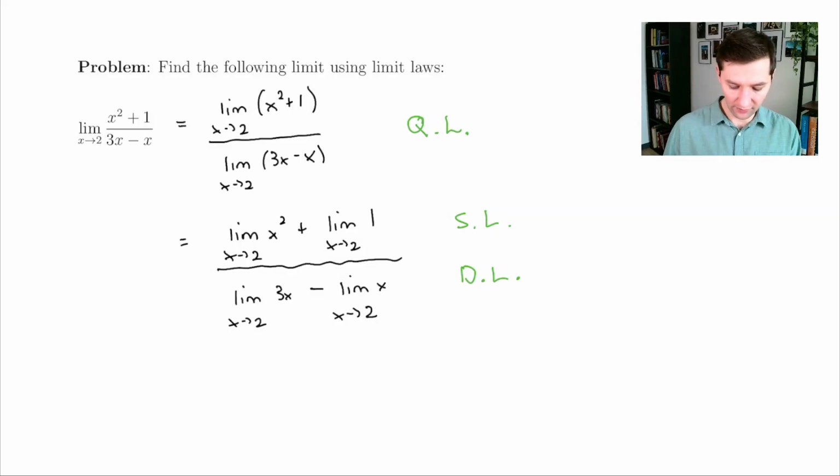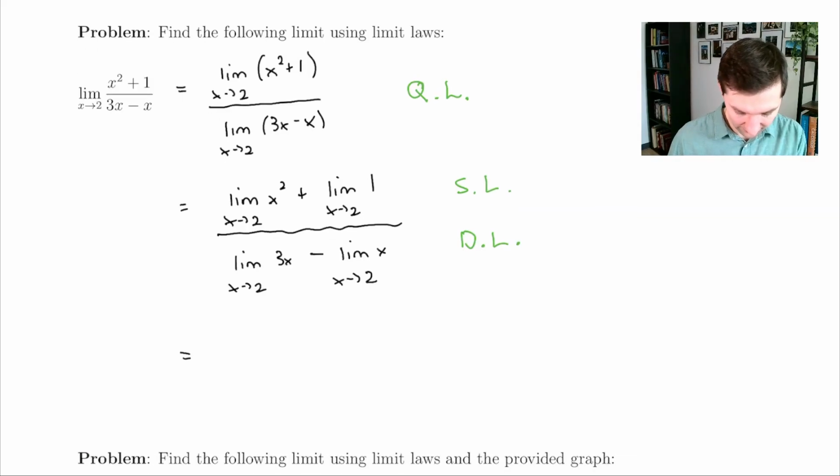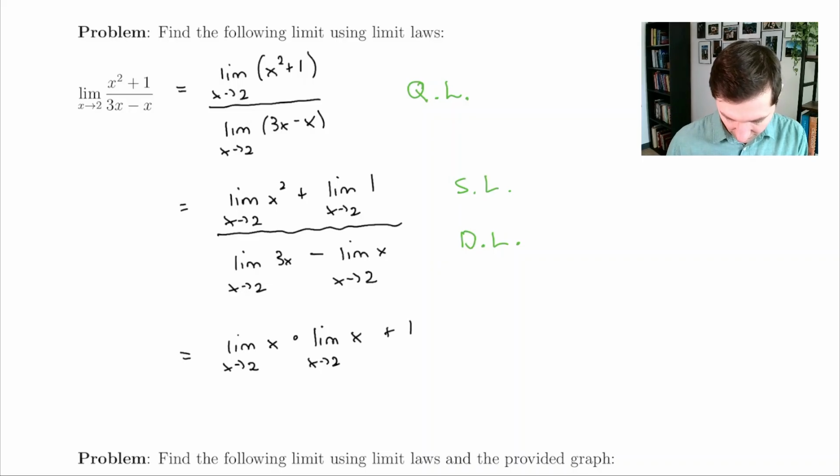I continue. In the first term in the numerator, I can use the product law. In the first term in the denominator, I can use the constant multiple law. And if I do so, I will get the limit as x goes to 2 of x times the limit as x goes to 2 of x plus the limit of 1 as x goes to 2.